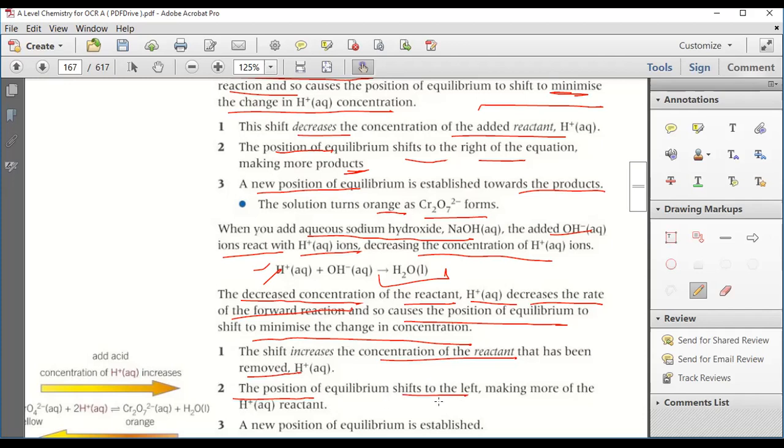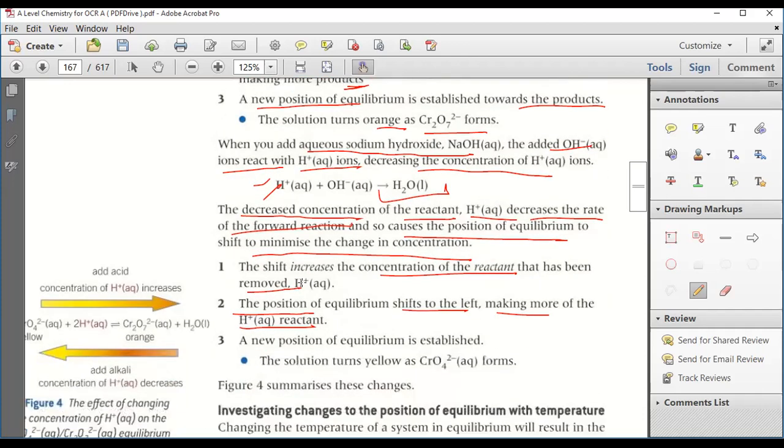The position of equilibrium shifts to the left, making more of the H+ ion reactant, and a new position of equilibrium is established, in which this orange color is again coming back to the yellow one.